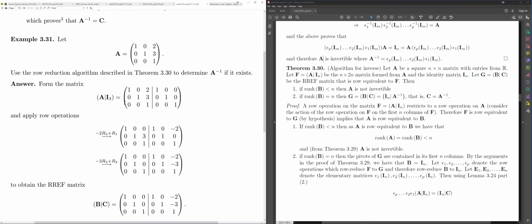So when you end up with a row of zeros on just the left hand side, you stop, and that says that the matrix is not invertible. I'll do an example of that. But what this is over here is an example of case 2, where it actually is invertible.